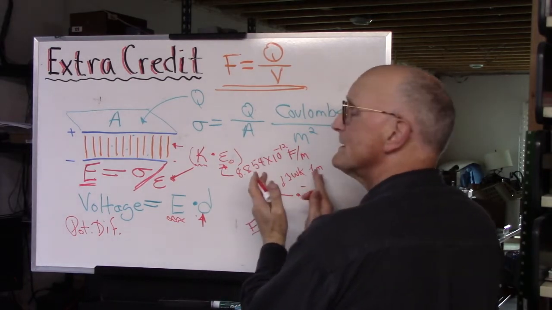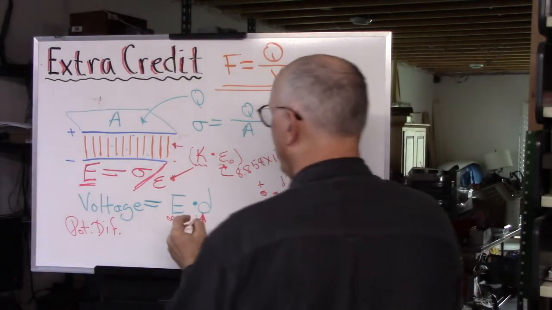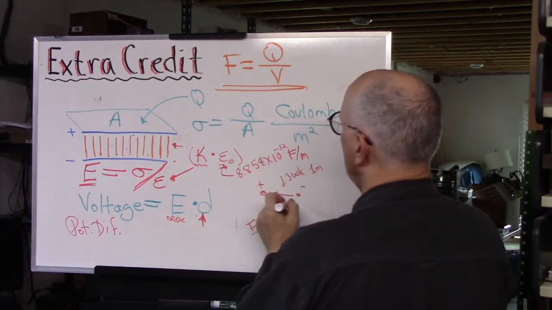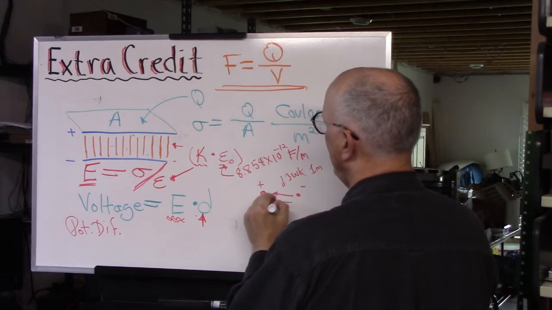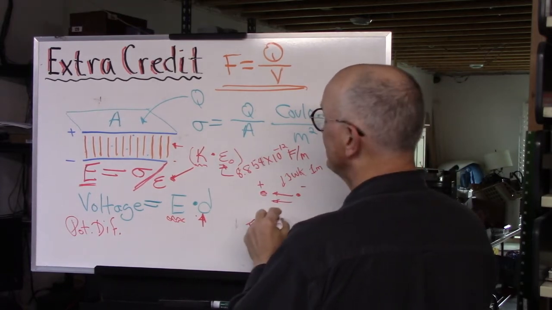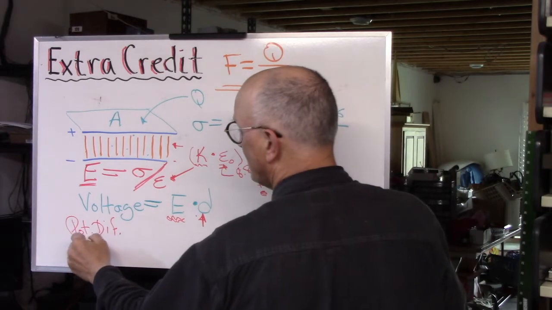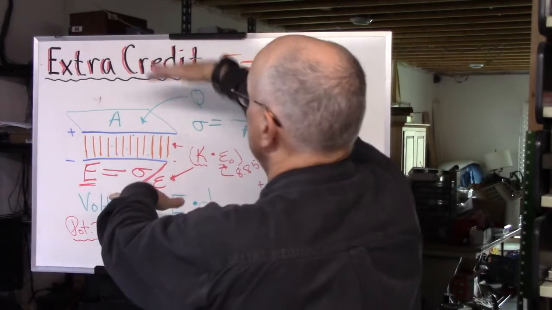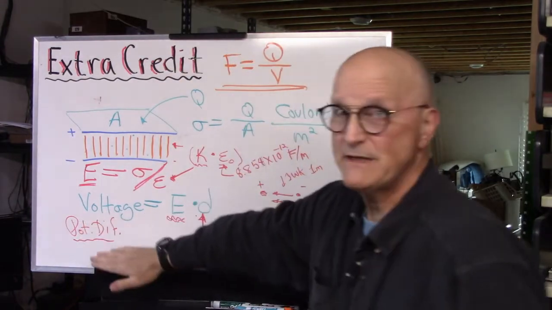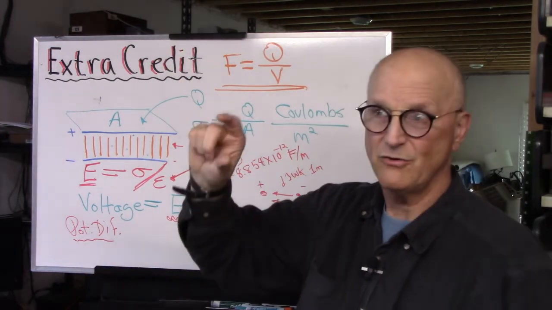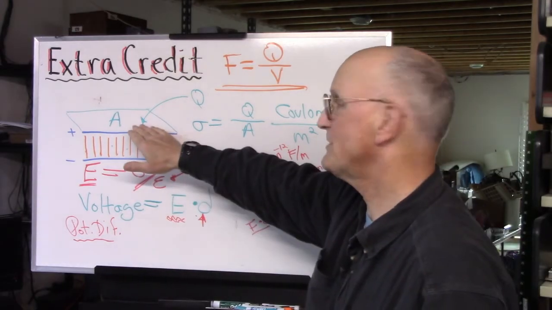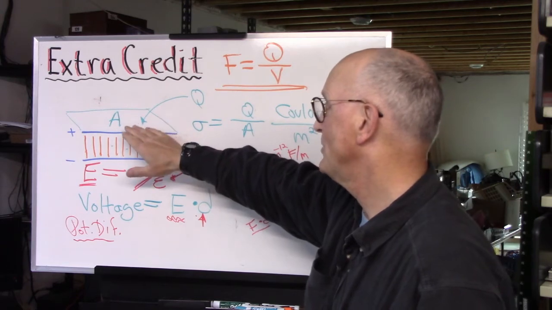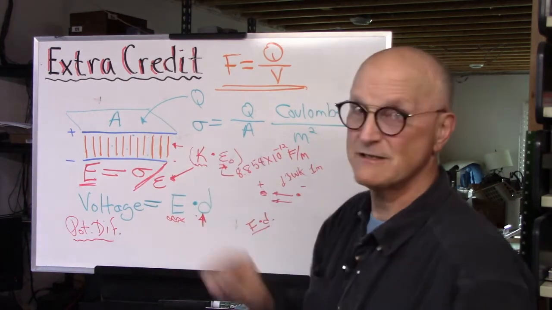The less the distance, the less the work. That's why voltage here, when the distance goes down, you're doing less work because you're moving less distance, and therefore the potential difference goes down. And so as these plates come closer together, the potential difference between the plates goes down, even though the charges remain the same. All we've done is change the distance between them.